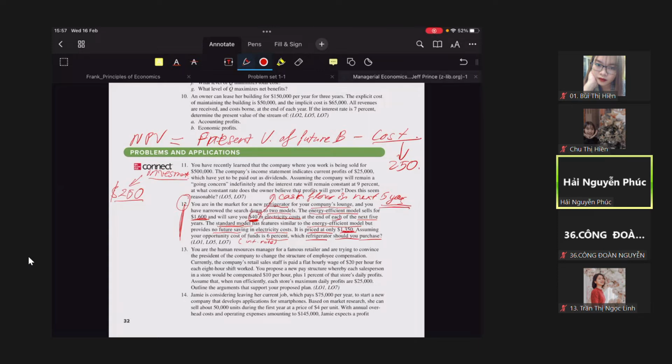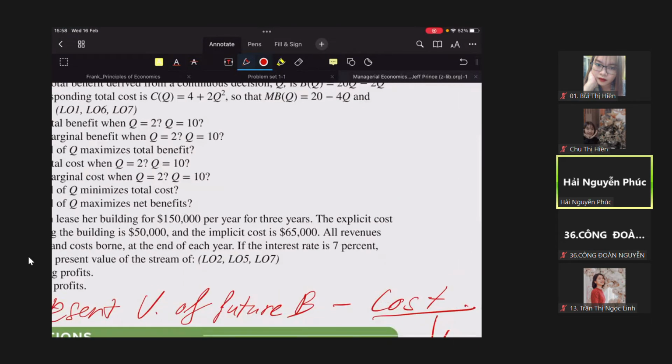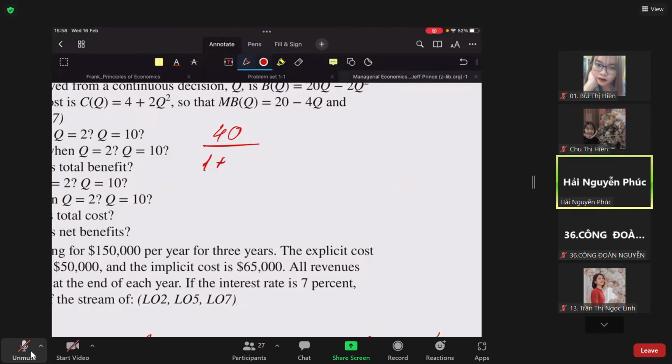Okay, so the computation is pretty simple. Suppose for the first year, I'm going to draw in this place, you have 40 divided by 1 plus the interest rate, which is equal to 6%.